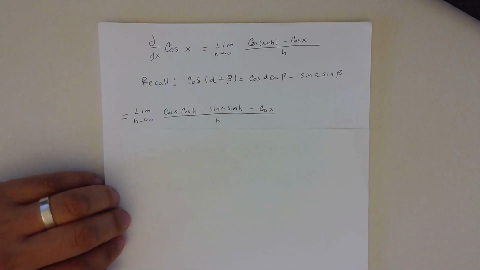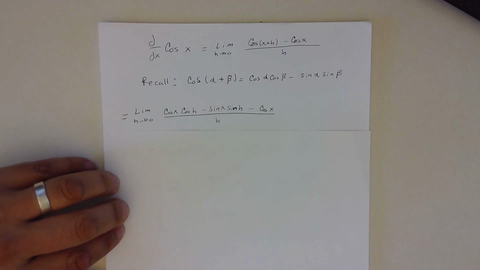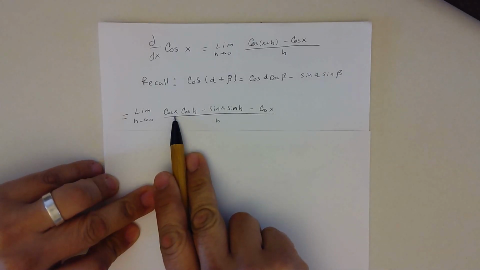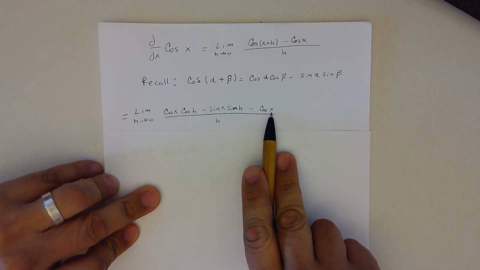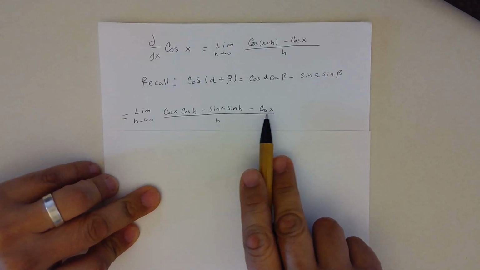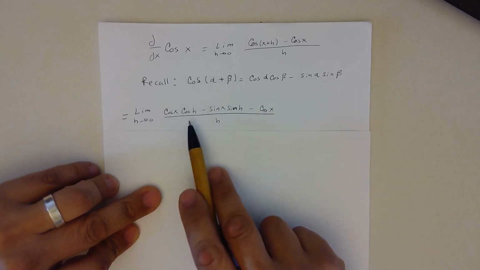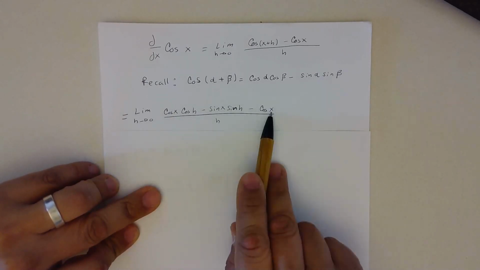After that, we can substitute inside of the limit. But if you see here, we have this cosine x here and cosine x here that don't have anything to do with the limit. They can go outside, so we can factorize these two, right?